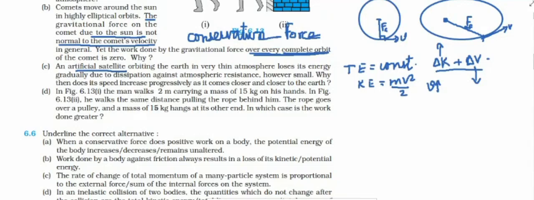A man walks 2 meters carrying a mass of 15 kilogram in his hands. The diagram is given there. He walks the same distance pulling a rope behind him. The rope goes over a pulley and the mass of 15 kilogram hangs at its other end. In which case is the work done greater?